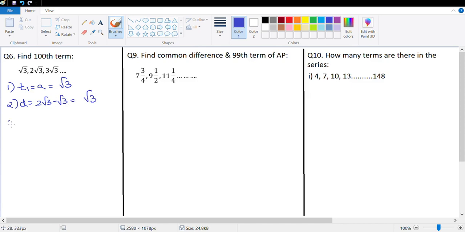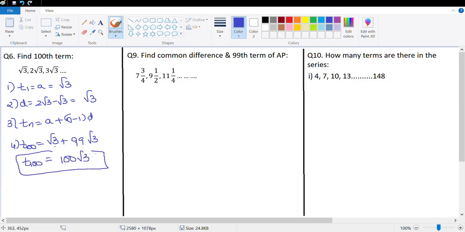Next, we know Tn is equal to A plus n minus 1 times D. Let's substitute values. So T100 would be equal to A, in this case root 3, plus 100 minus 1, that's 99 times D, which is again root 3. So this is root 3 plus 99 root 3, which is equal to 100 root 3. So the 100th term of this AP is 100 root 3.